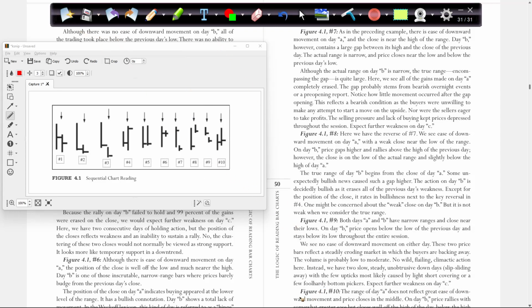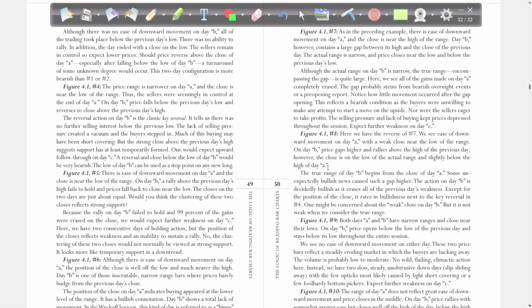Now figure 4.1 number 10. The range of day A does not reflect great ease of downward movement and price closes in the middle.